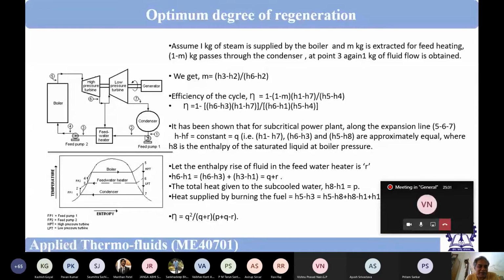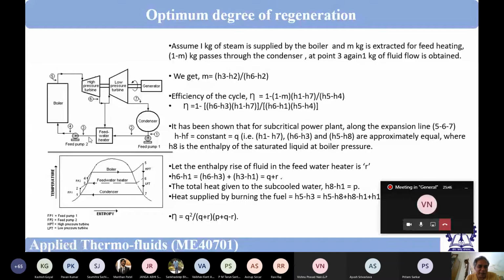Ideal regeneration says that, let's say the steam is one stream of fluid, and the water is another stream of fluid. In between we have got a heat exchanger which is ideal.